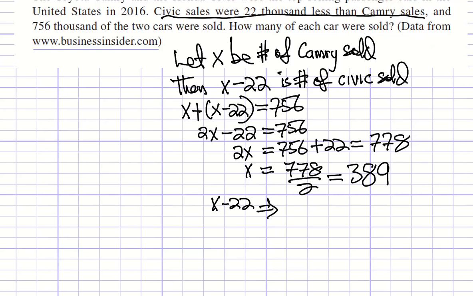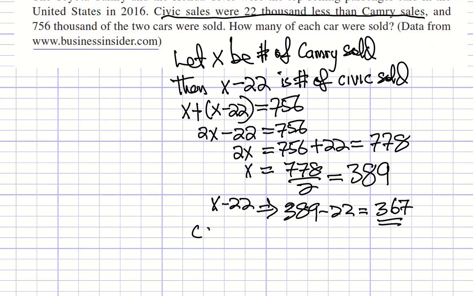That will give you 389 minus 22. That will be 367. I'm sorry, it will be 367. Honda Civic sold. Okay.